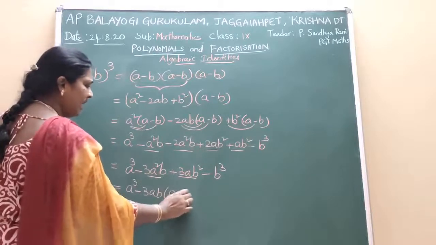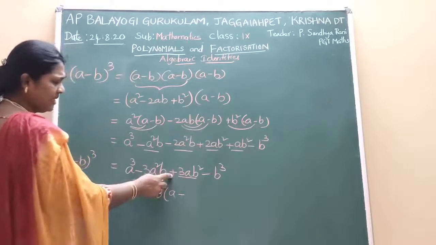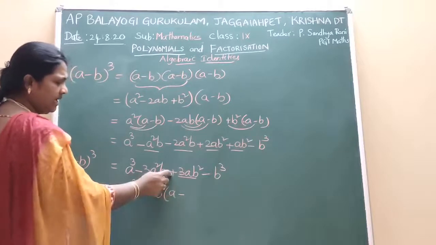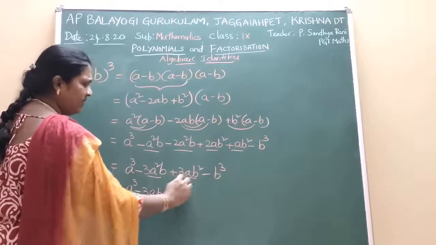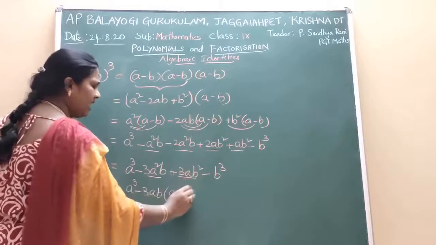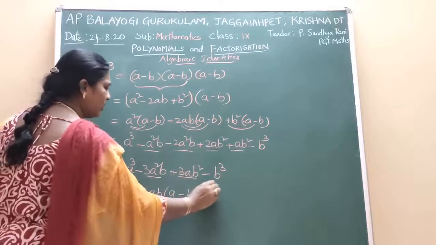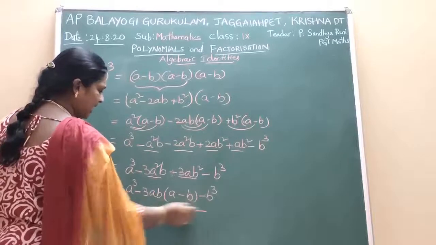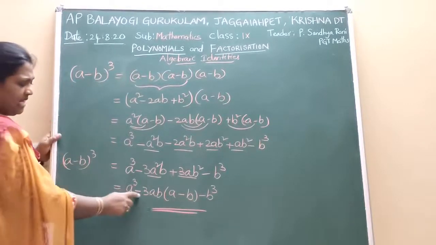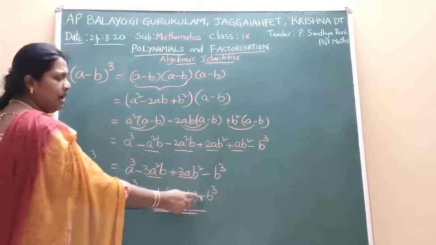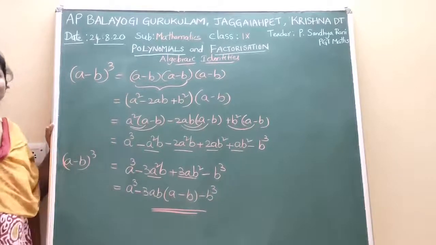Here a minus, because here plus, so minus into minus is plus. What is remaining in 3ab square? When we take common 3ab, we will get b. So minus b cube. Like this also we can write a minus b whole cube, that is a cube minus 3ab into a minus b, minus b cube.